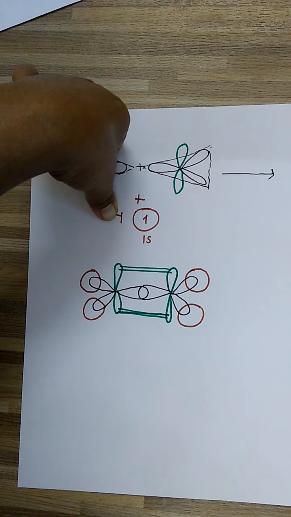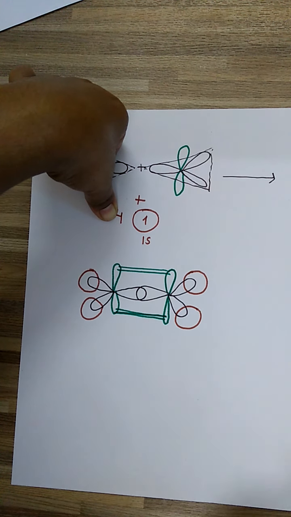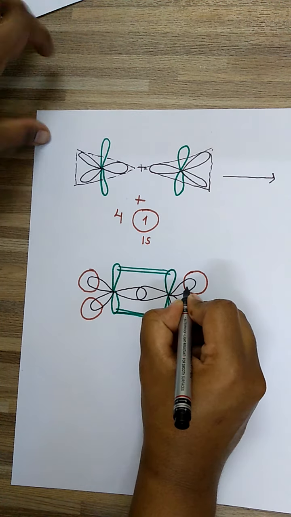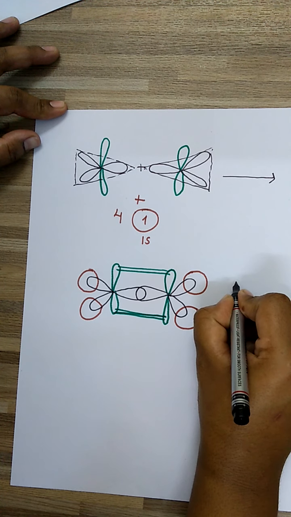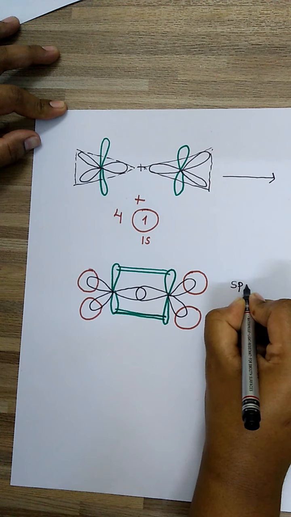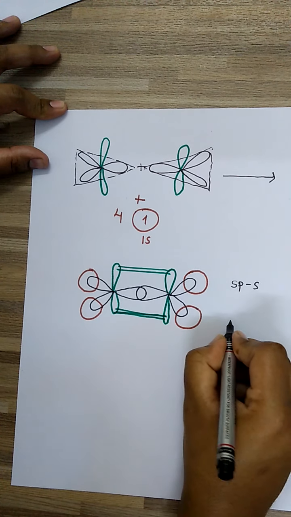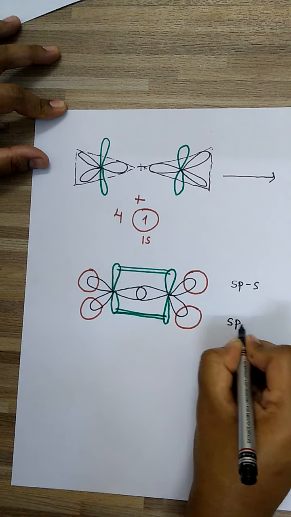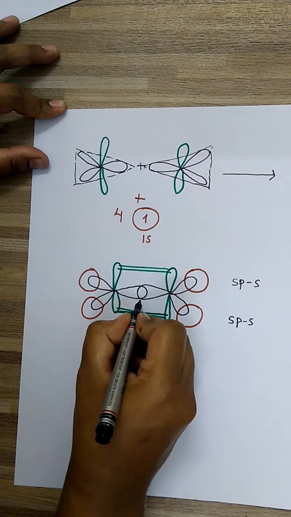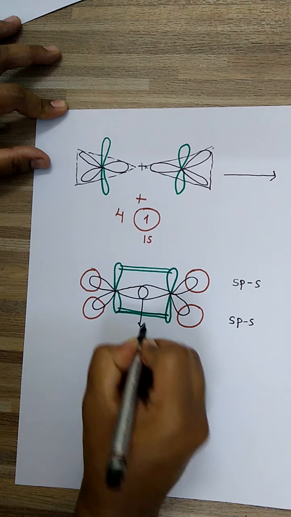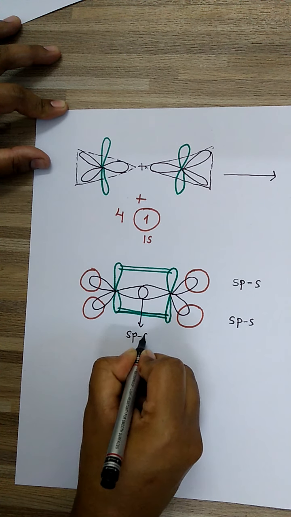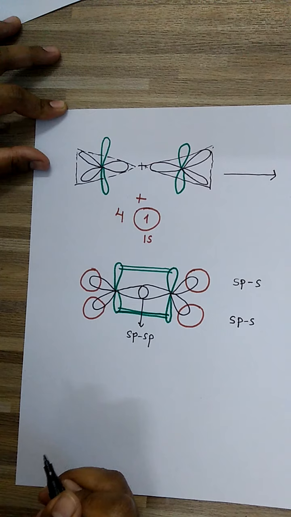Now you can see here, students, there is an overlap between sp2 hybrid orbital and s orbital. Here also there is an overlap between sp2 hybrid orbital and s orbital. Here there is an overlap between sp2 and sp2 orbital.